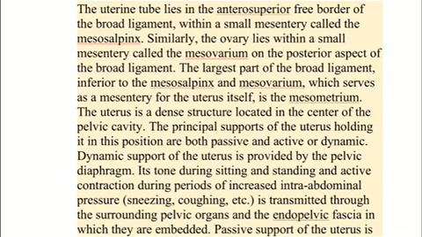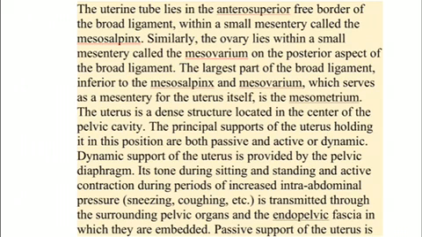You have the largest part of the broad ligament, which is inferior to the mesocervix and mesoovarium, serving as a mesentery for the uterus itself, and this portion is called the mesometrium. So a portion of the broad ligament called the mesometrium is found inferior to the mesocervix and the mesoovarium, and the mesometrium serves as a mesentery for the uterus.